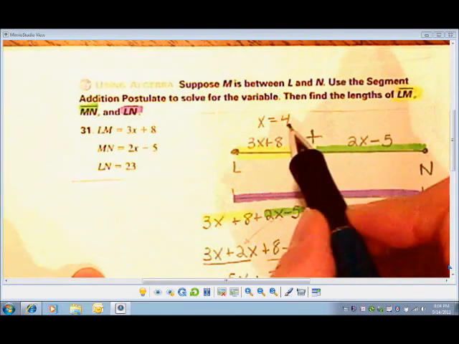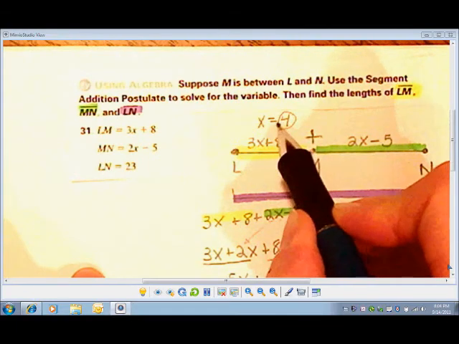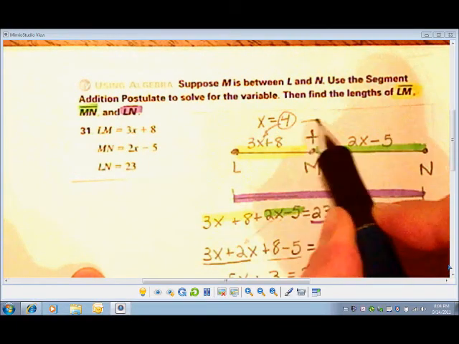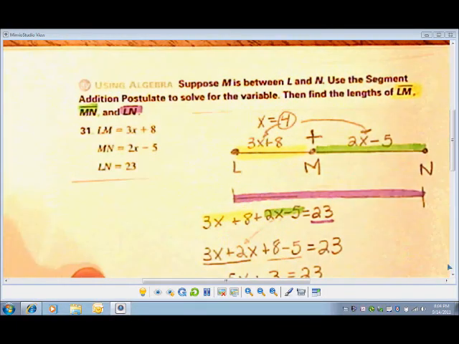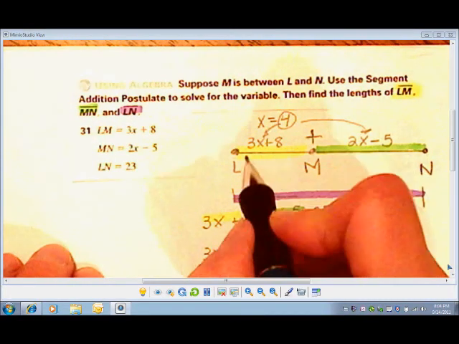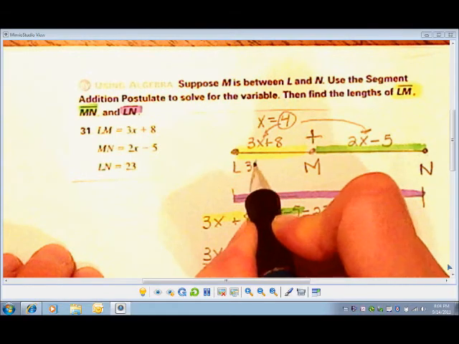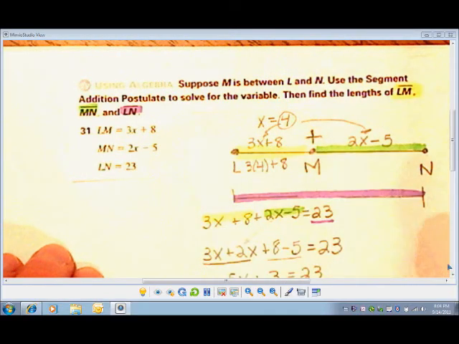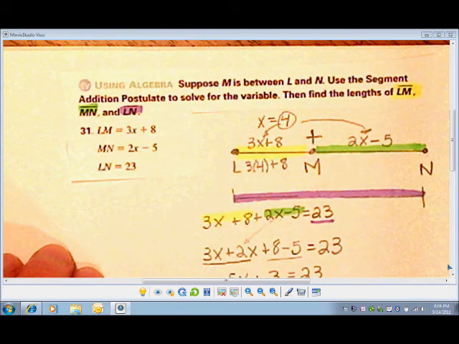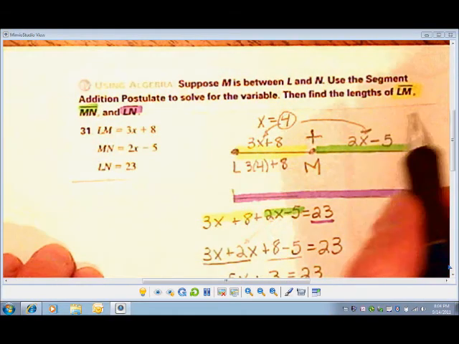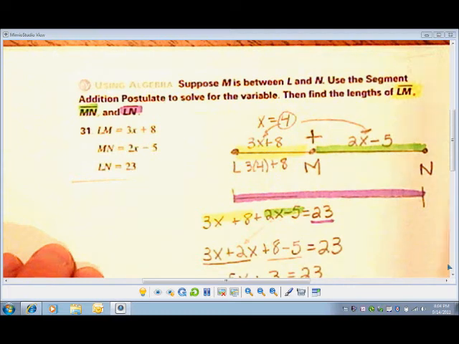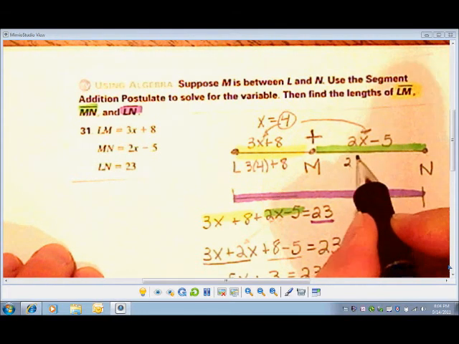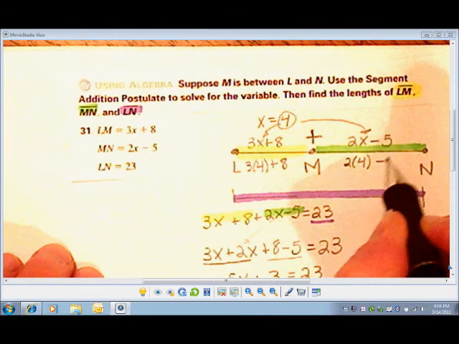So I simply have to now substitute my 4 in for x, and I can find the length of each segment. So this is 3 times 4 plus 8. That's the line segment's length. And this line segment length, MN, is 2 times 4 minus 5.